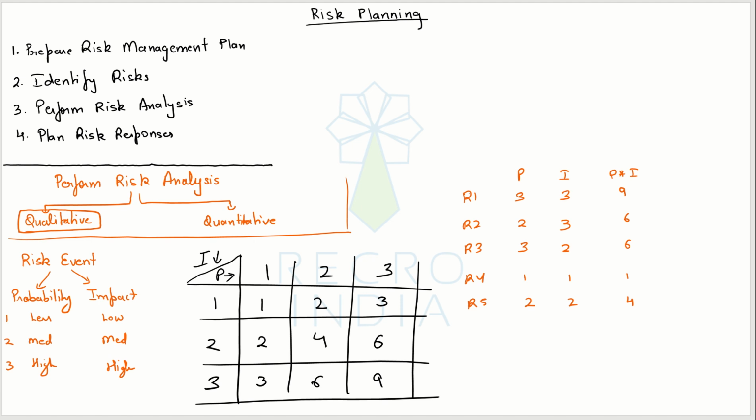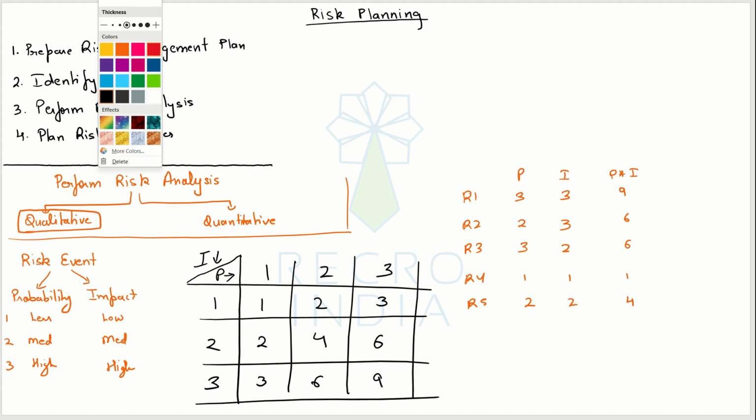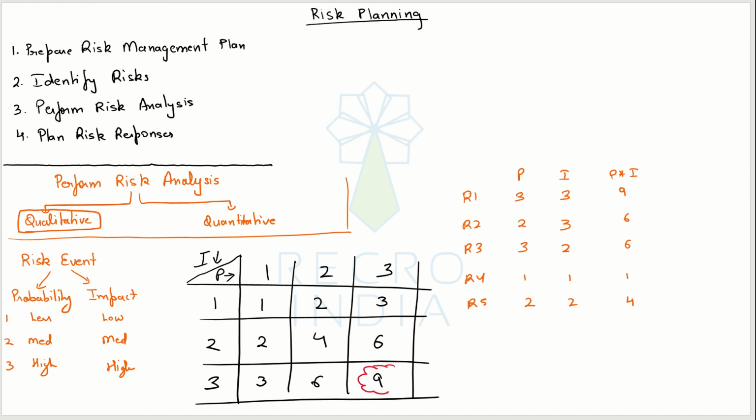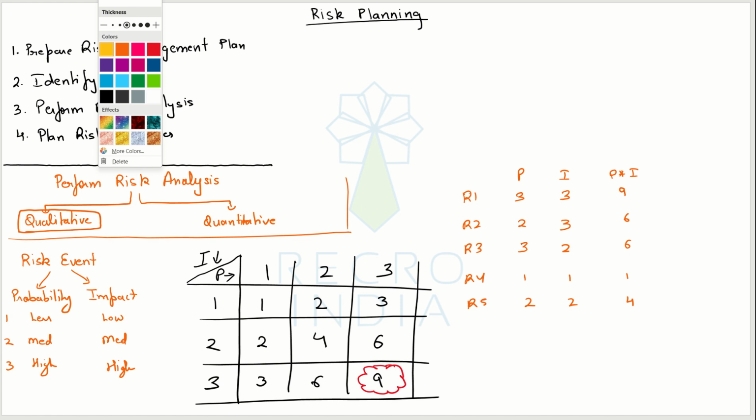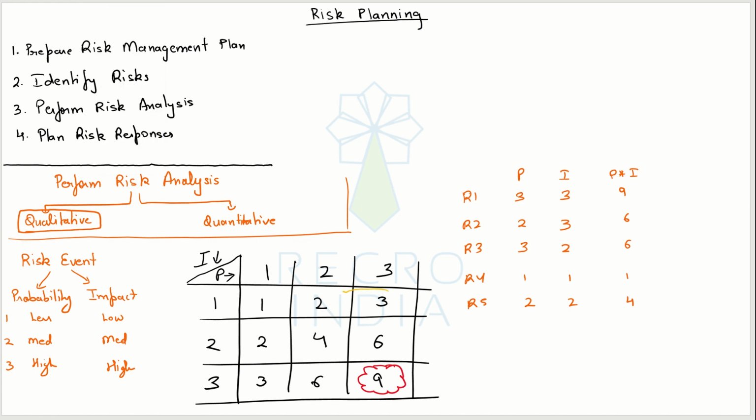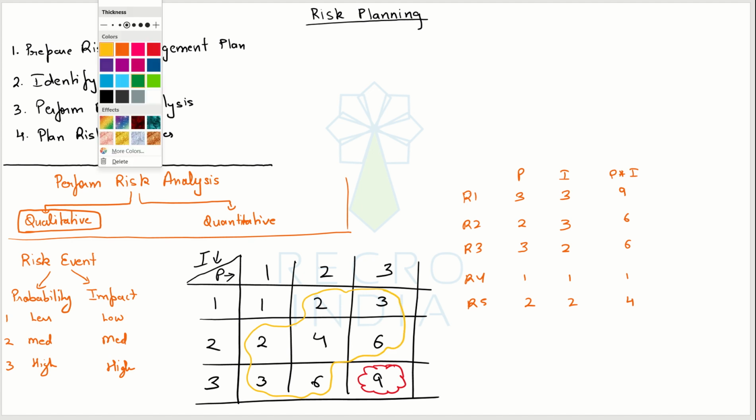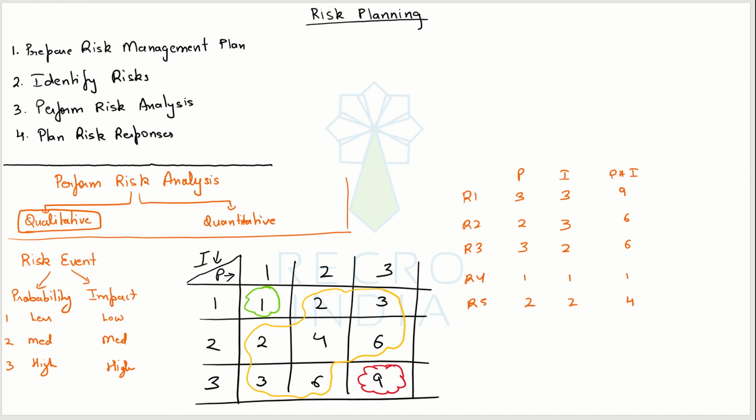Now once we have this matrix, we have to color code it. So let's say 9 is in the red zone, 2, 3, 4, 6 falls in the amber zone, and 1 is under the green zone.